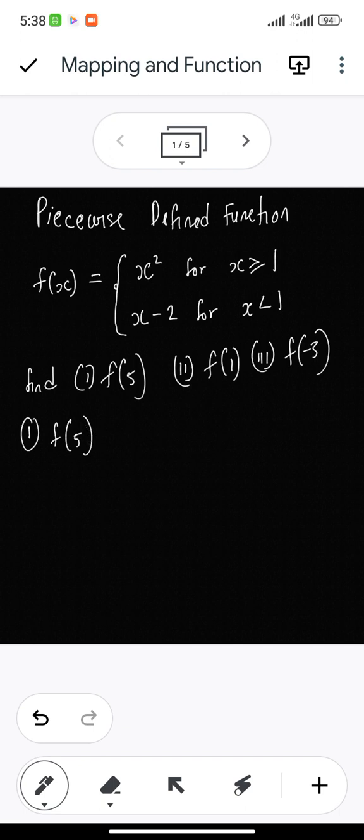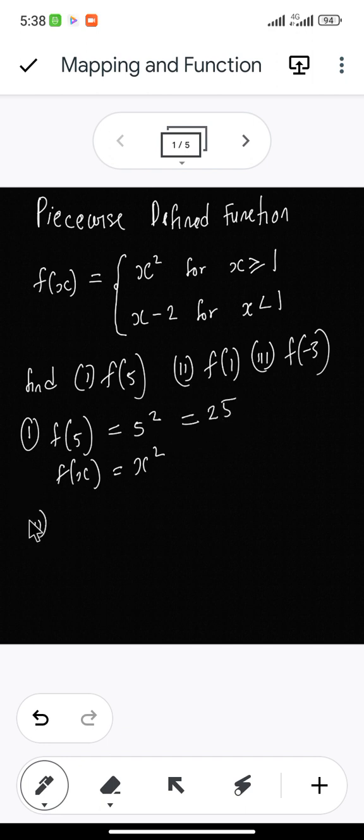You're going to check with the two conditions. So obviously 5 is greater than 1, so you're making use of the first formula. This is going to be 5 squared because you're working with x squared, you understand? If f of x is x squared, that means f of 5 is 5 squared. So this gives you 25.